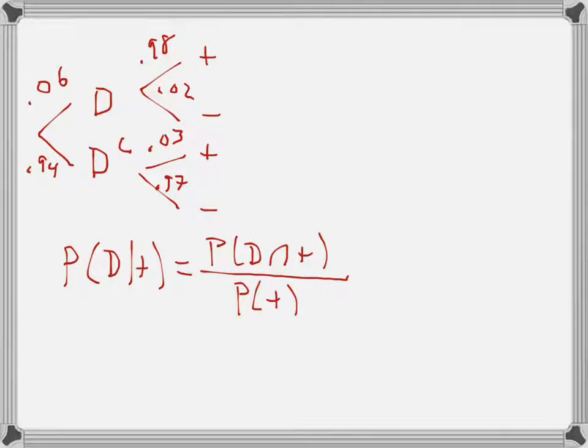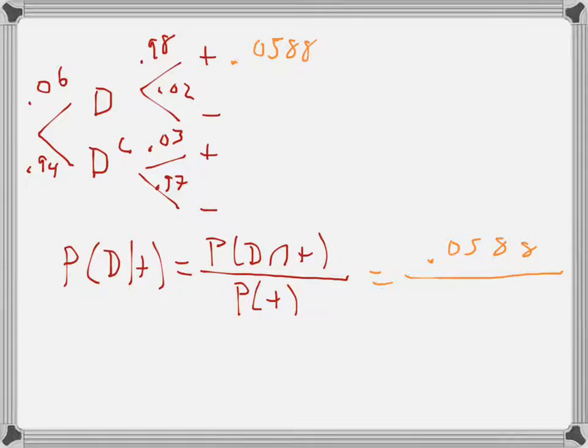So what I need here is the probability they take drugs and that they're positive. That's my top branch, so I'm multiplying those two probabilities, and that's 0.0588. That's going to be my numerator. Be careful. That answer, I guarantee you, is going to be a sucker answer if this is a multiple choice question.